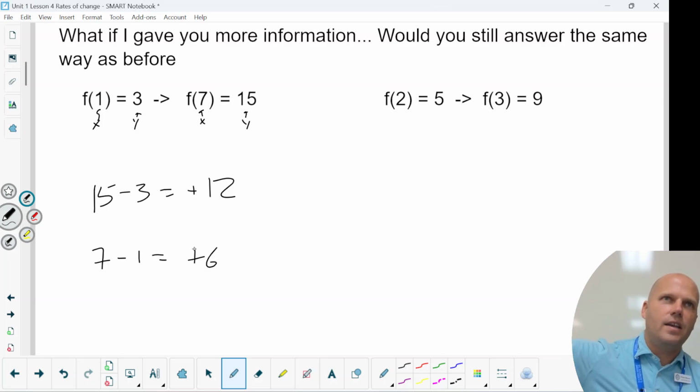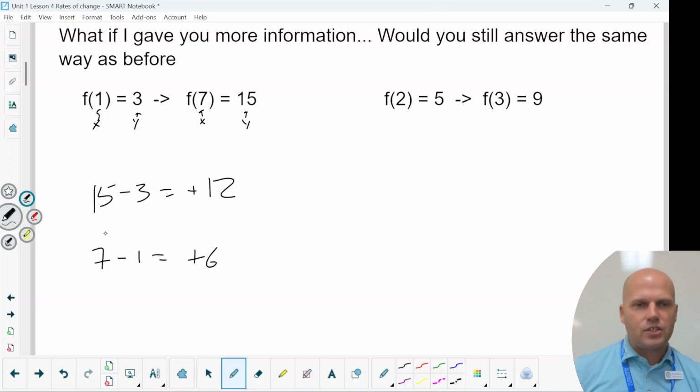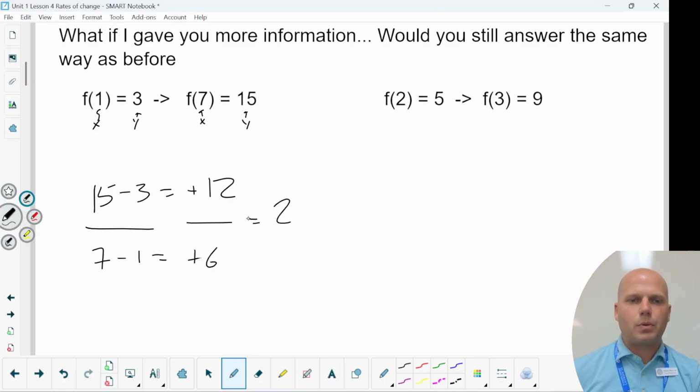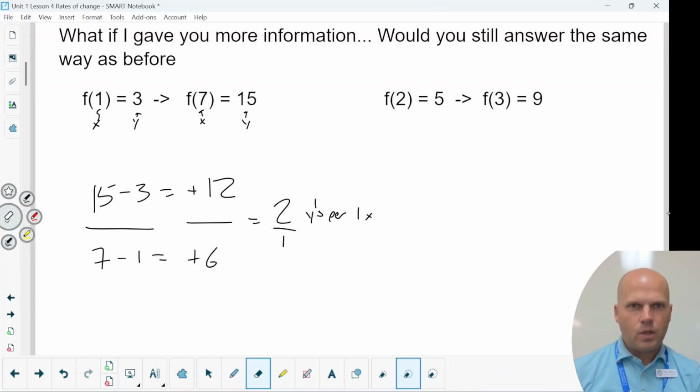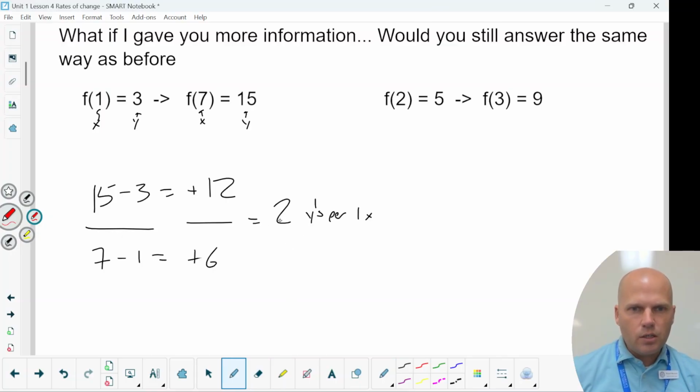When you divide these two numbers, all of a sudden we create y's per x: 2 y's per 1 x. We simplify the expression to create one number, where this number can always be put over a 1. So I would say we are increasing 2 y's per x.